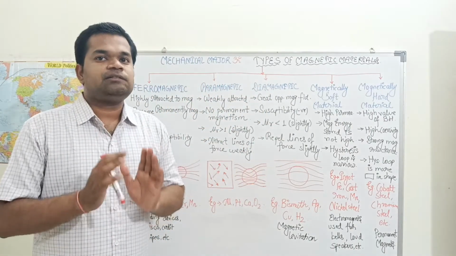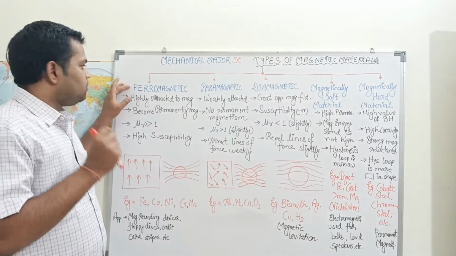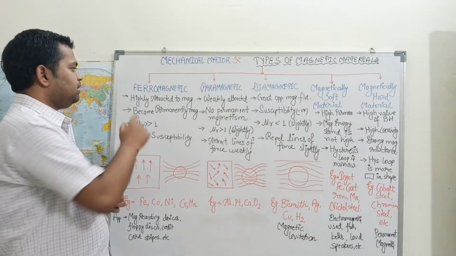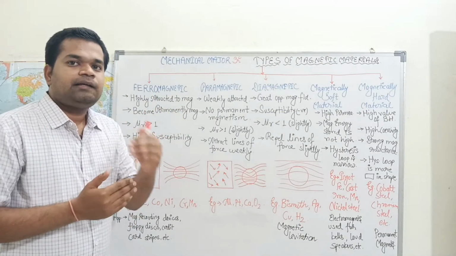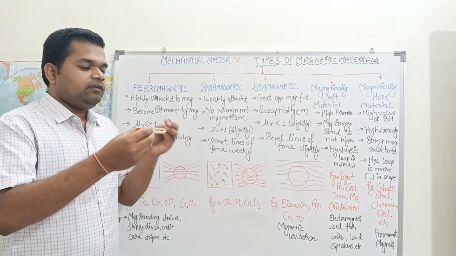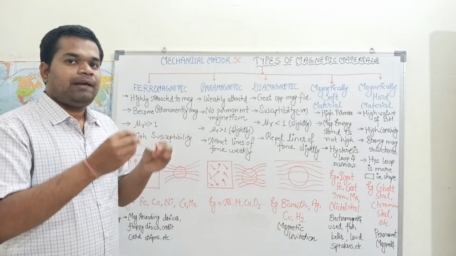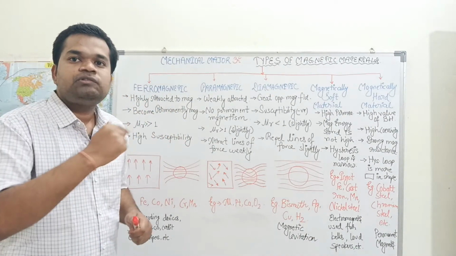So let's discuss all. First one is ferromagnetic material. In this ferromagnetic material the magnetic property is very high. It is highly attracted to magnets. If a ferromagnetic material is placed here, then it will be highly attracted to the magnet. So permanent magnetism can be induced in it.